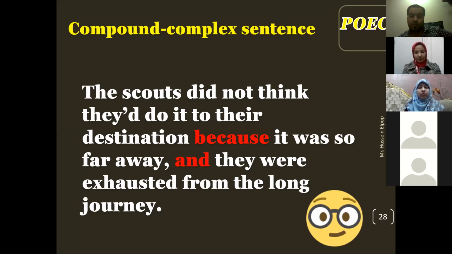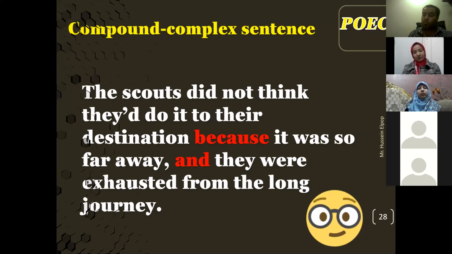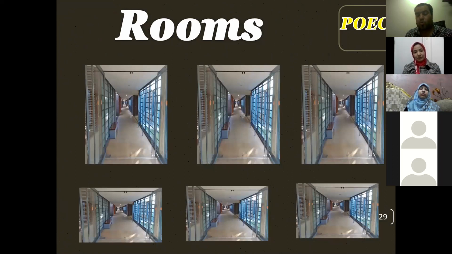Perfect, thank you so much. And we have the complex part: because it was so far away, and the scouts did not think they would make it to their destination. So you can use one independent and two dependent clauses or more.